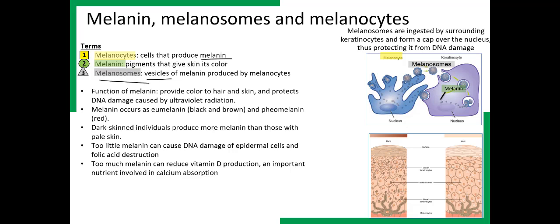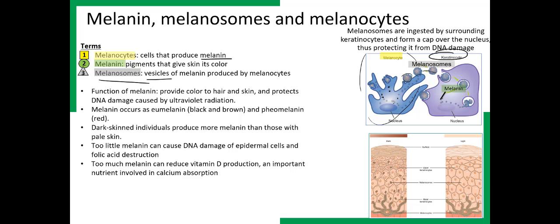So over here, the melanocytes in the blue produce melanin, which is packaged into melanosomes. And the melanosomes are released by the melanocytes, and they travel to the keratinocytes because the keratinocytes are the most common cell in the epidermis.